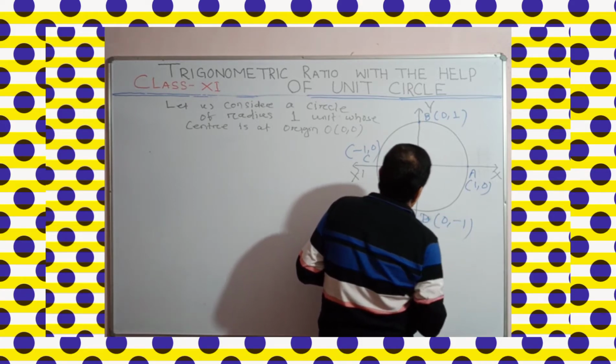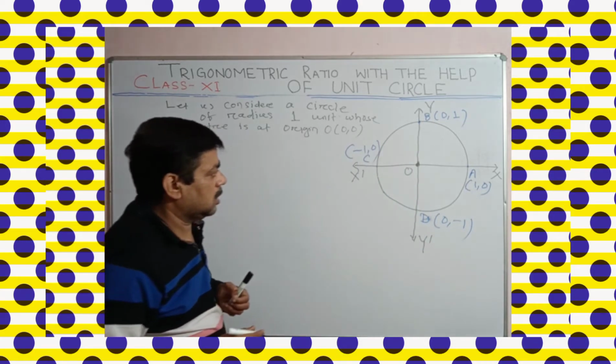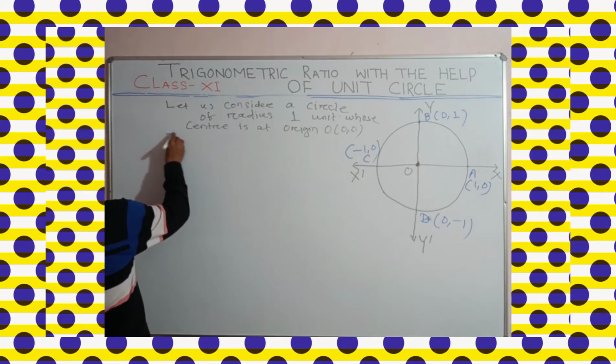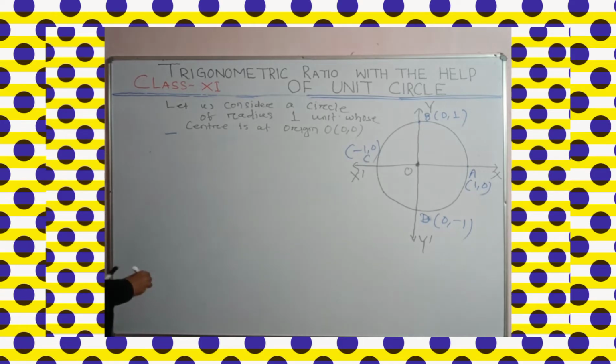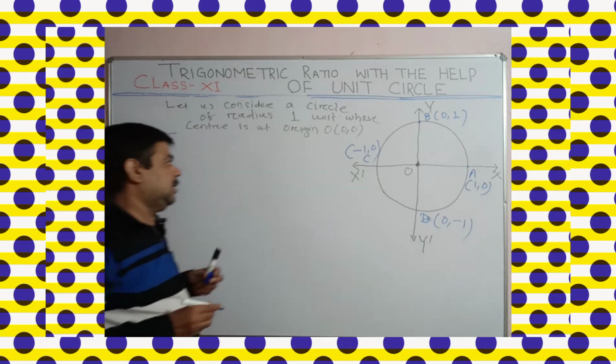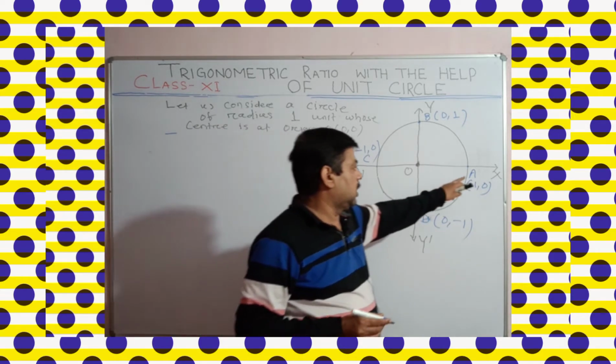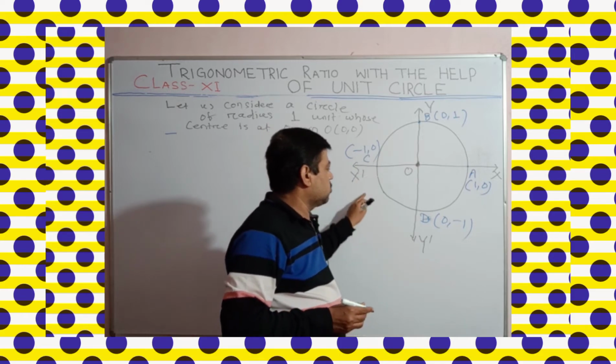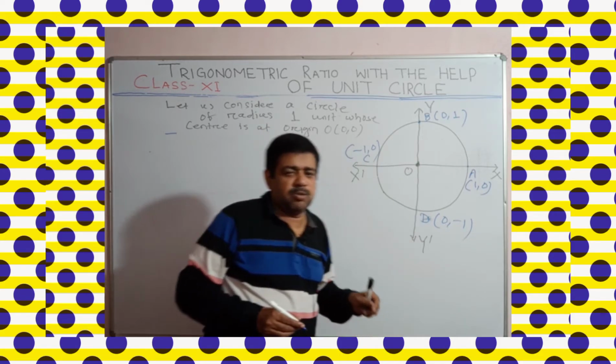So these are the points at which the circle intersects the coordinate axes.